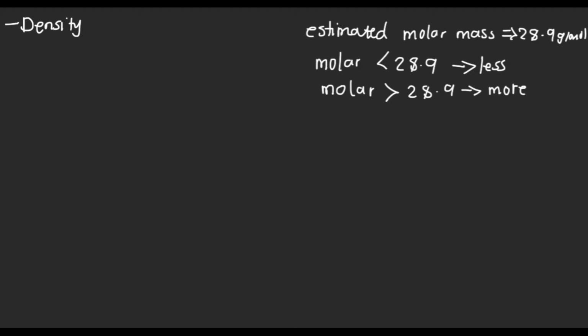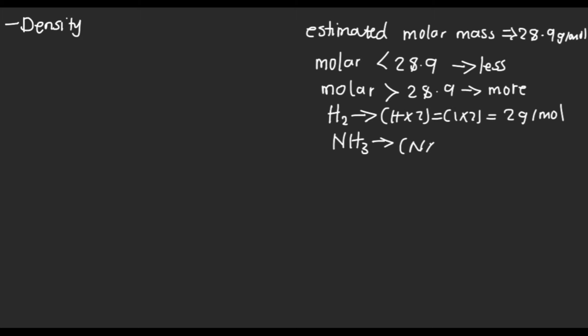For example, we can begin by finding the molar mass of molecular hydrogen. It's hydrogen multiplied by 2, which is 1 times 2, giving us 2 grams per mole. So 2 grams per mole is less than 28.9, so this is a less dense gas. Let's move on to ammonia.